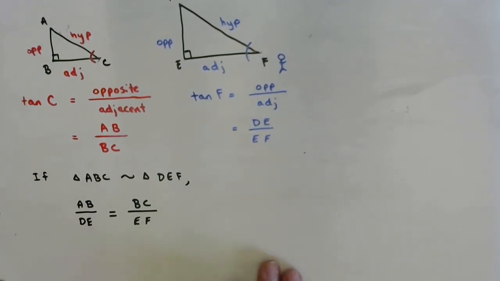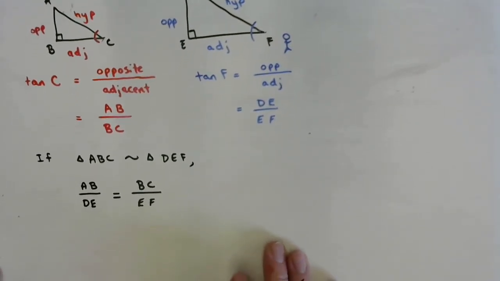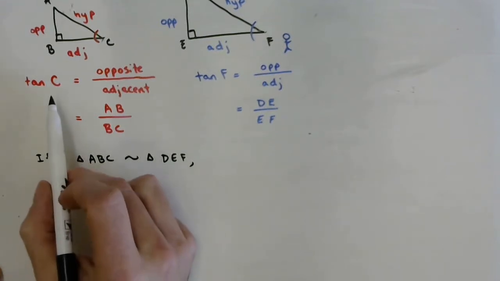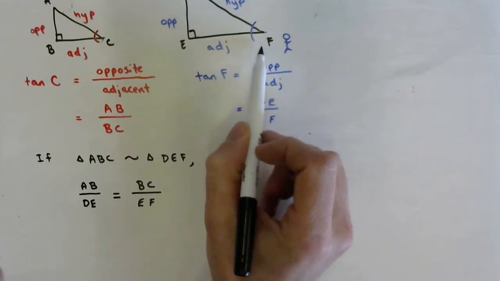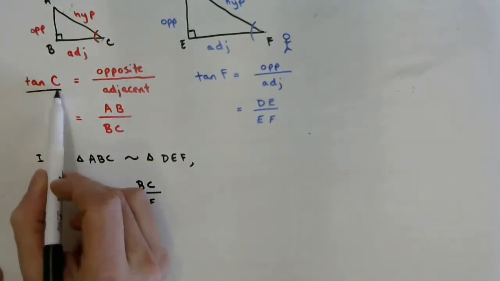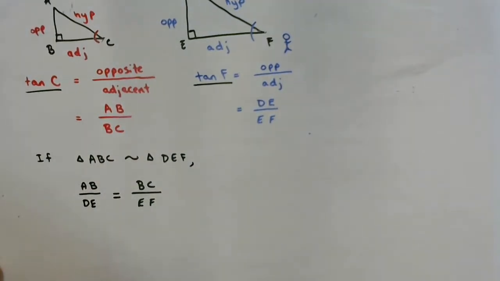Now, we also know something else. We just learned that since angle C is the same as angle F, the tangent of C is actually going to be the same as the tangent of F. Here we took ratios from the little triangle and big triangle, corresponding sides, and made a ratio.